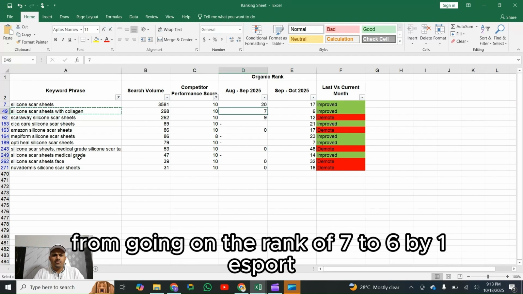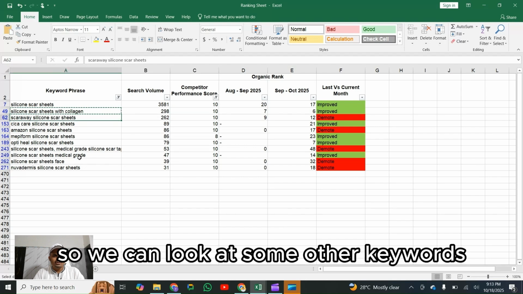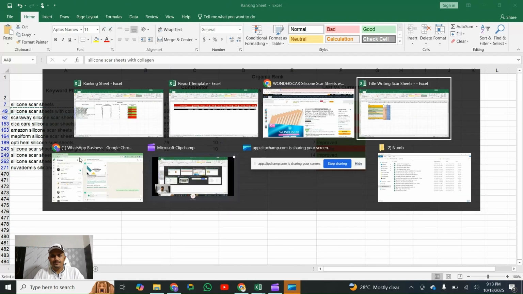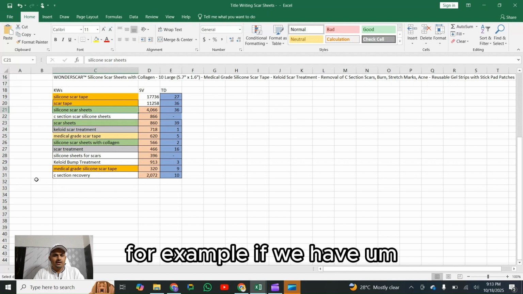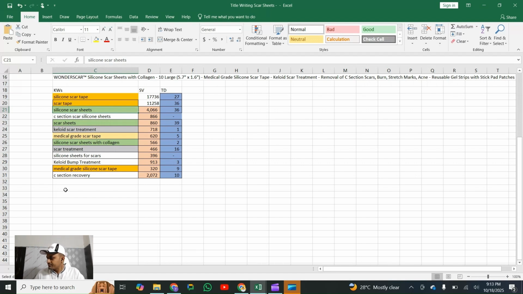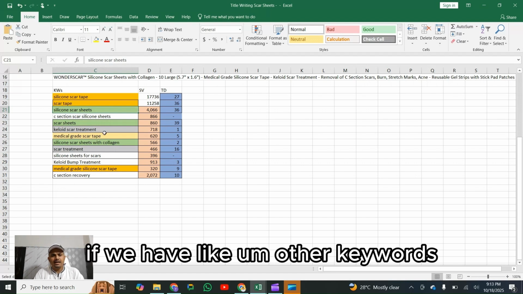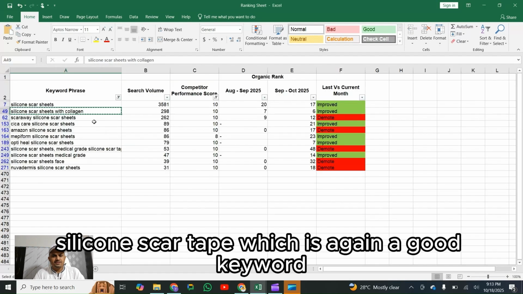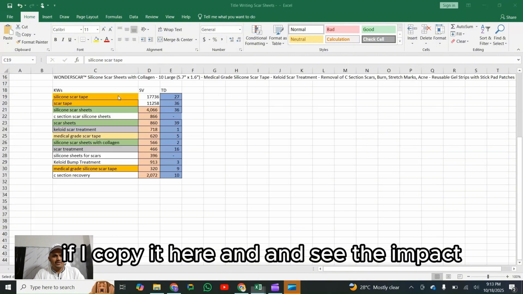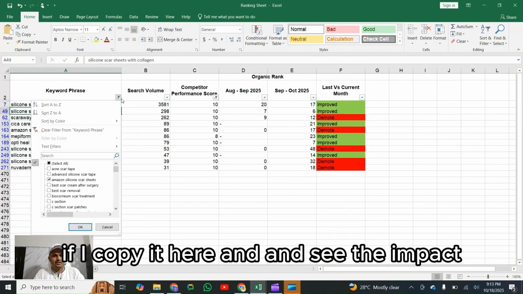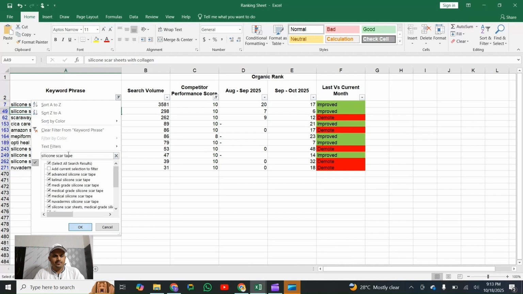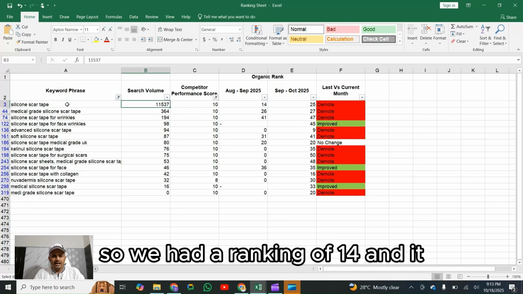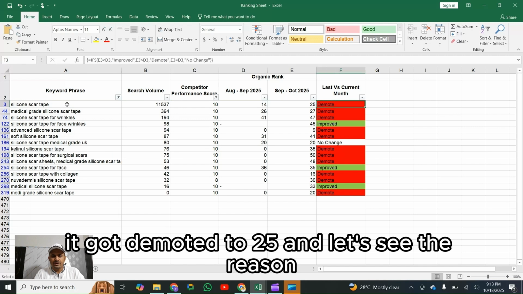From going on the rank of 7 to 6, by one spot, it isn't a huge improvement. So we can look at some other keywords. For example, silicon scar tape, which is again a good keyword. If I copy it here and see the impact, silicon scar tape, we had a ranking of 14 and it got demoted to 25.